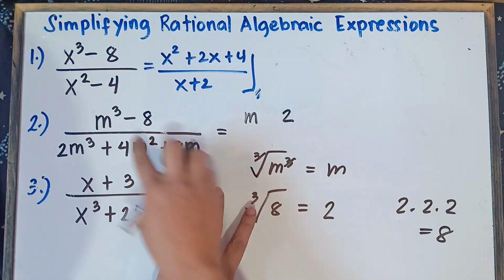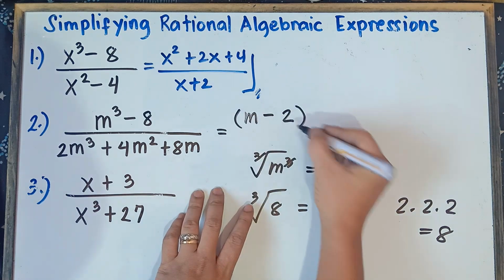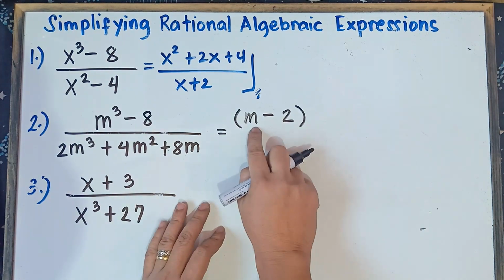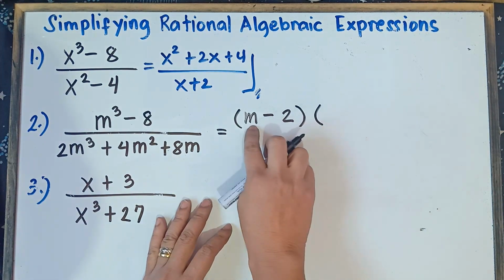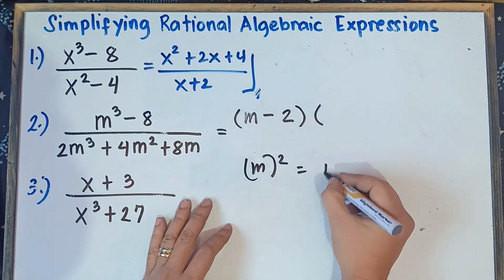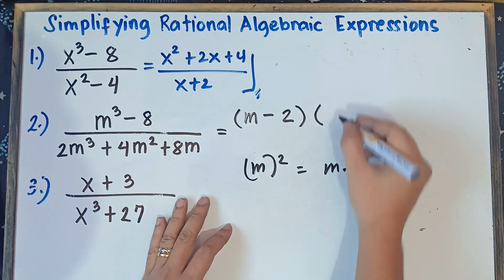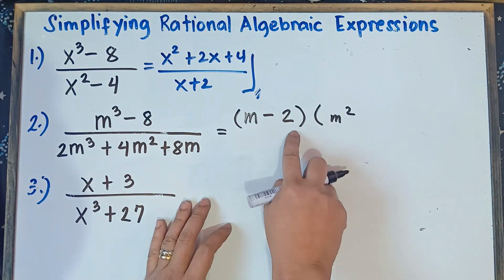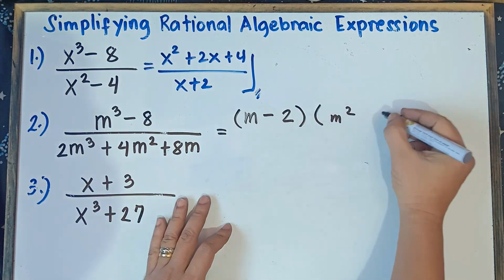So 2, and then simply copy the minus sign. This will be our first factor. And then to get the second factor, this will be our guide. Get the square of the first term, m times m, that would be m squared. And then multiply the first term by the second term, m times 2, that would be 2m.